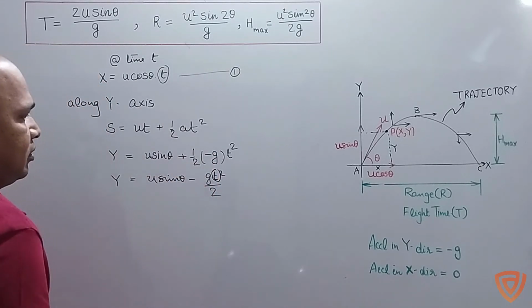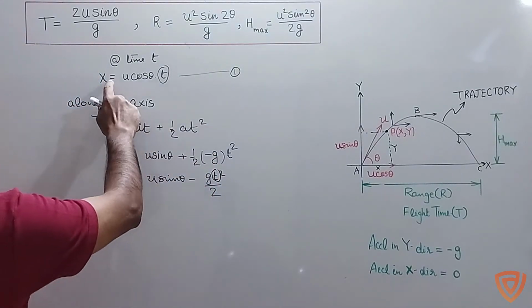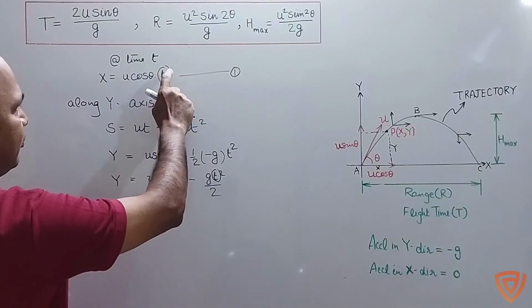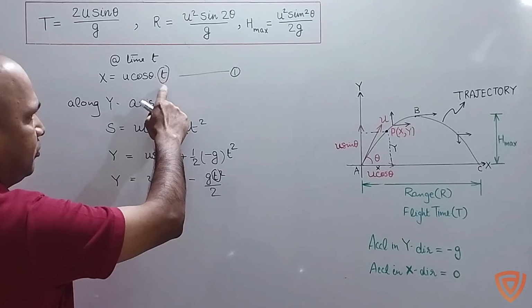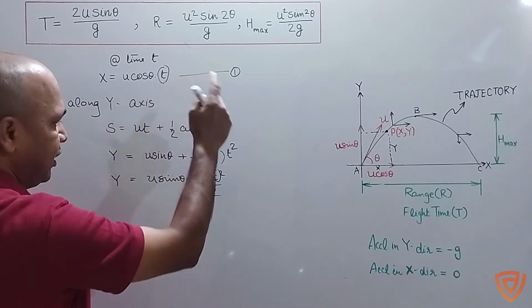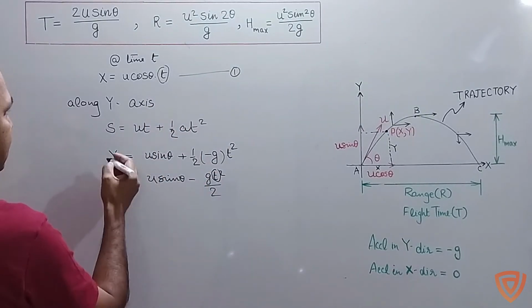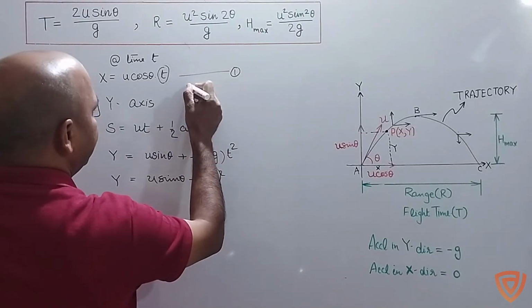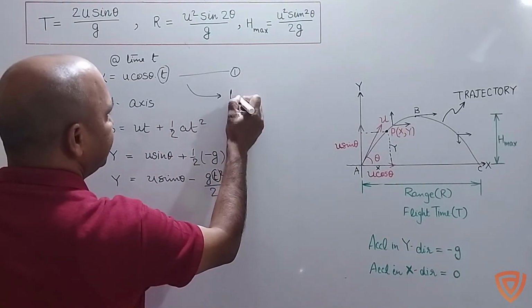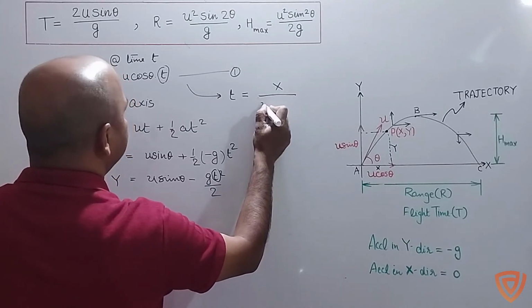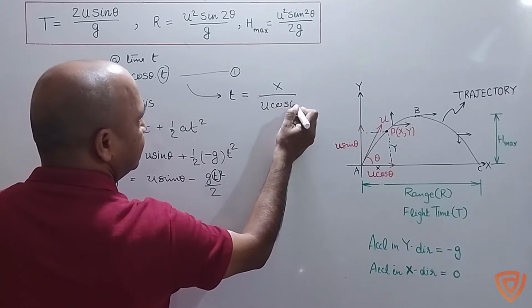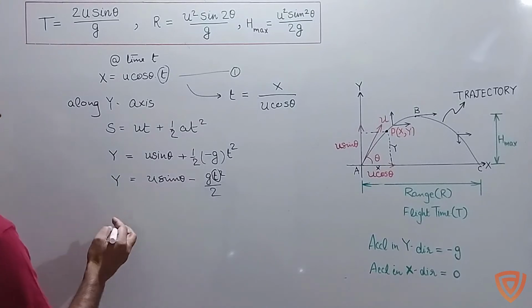So let's find out the value of variable t from here and put it here. From here, what do we get? t is equal to x over u cos theta. So let's put this value in this equation.